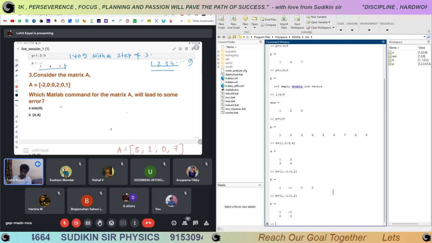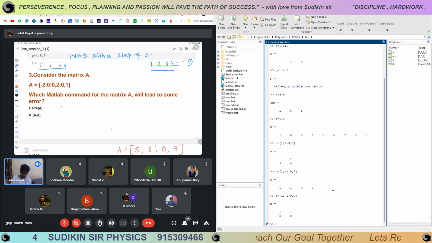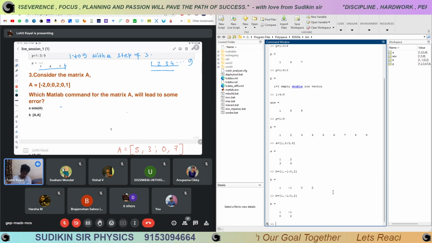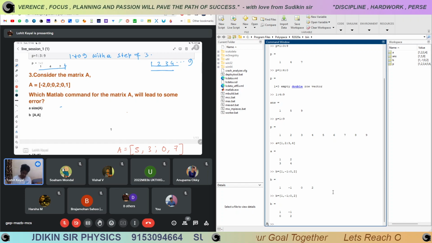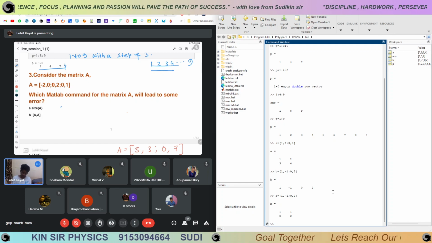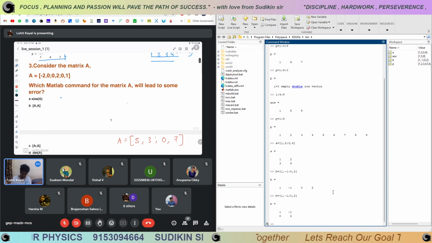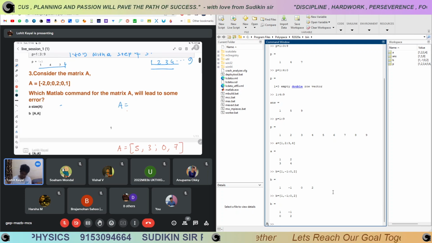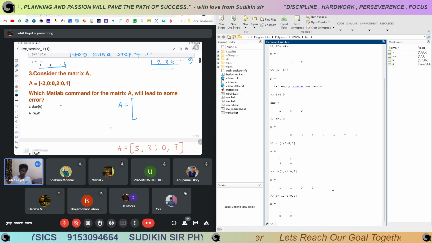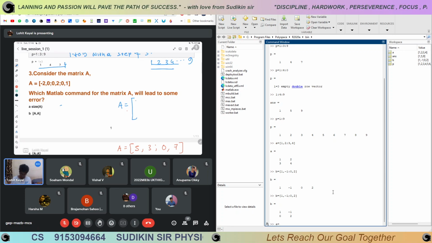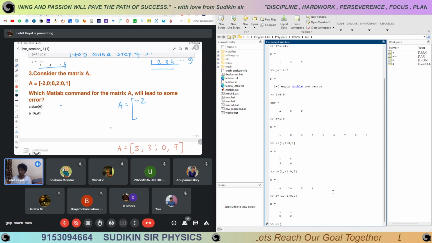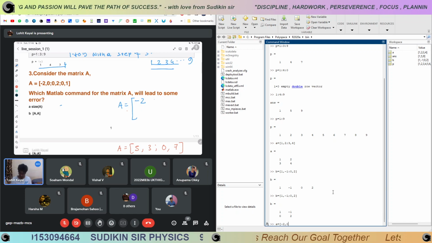Now this is a good exercise. Now I have -2, comma, 0, then colon, 0, comma, 2, then colon, 0, comma, 1. Then what will be the matrix? A equal to, see, the first element will be -2. Then comma means it will be a new column, so 0.